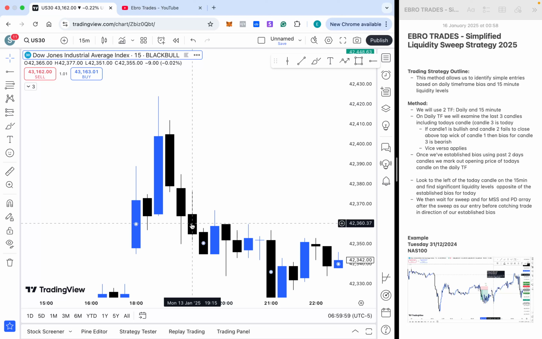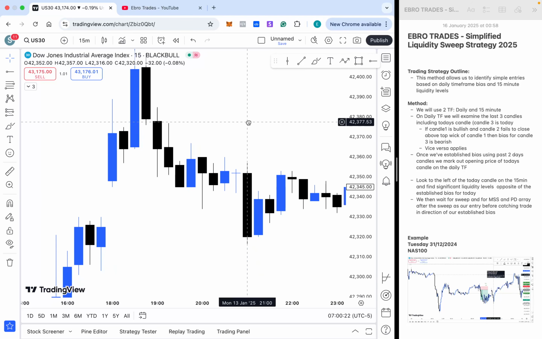Now, this is the method that we will use to calculate or to project the daily bias for this particular strategy. Like anything within day trading, it does not work 100% of the time, but it is highly probable that it will be accurate for finding the daily bias for today.